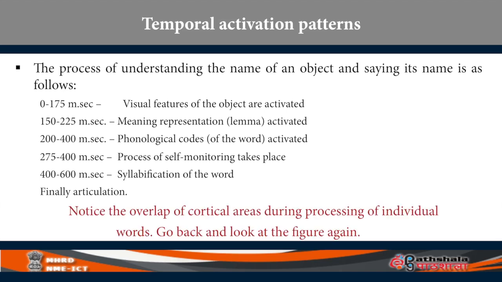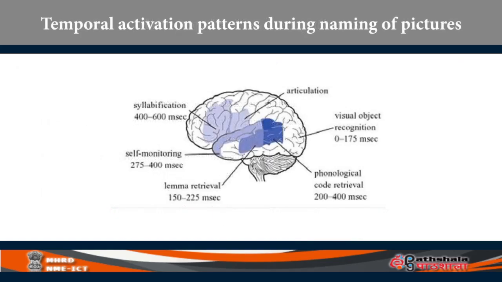So notice that in this time scale there is an overlap, not only in time, but cortical areas are also overlapping. If you go back and look at the picture and read this slide, you will see there is an overlap of cortical areas. Now let's go back to the old idea of the left hemisphere being the dominant hemisphere for all language processes, because it's only the left hemisphere which has Broca's area and Wernicke's area.